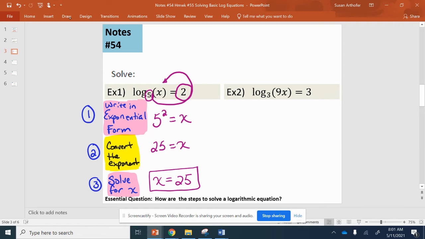Okay, so we're going to loop the next one, write it in exponential form. 3 to the third equals 9x. We are now going to convert the exponent. So 3 to the third is 3 times 3 times 3, which is 27.